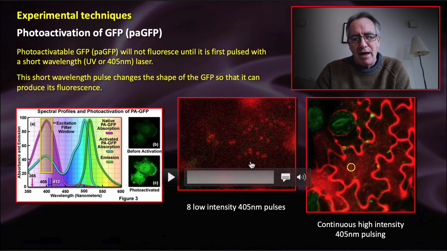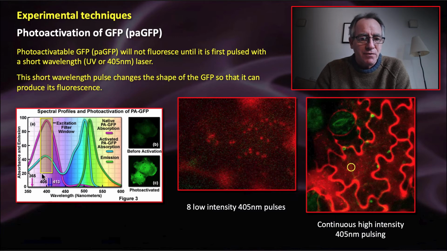We're looking at the inside of the cell. The PA-GFP is in the endoplasmic reticulum, but we can't see it at all until we fire the 405 laser. The 405 laser is this wavelength region here. You pulse the cell with this, and that activates the GFP so that it's excited normally with its blue laser, and it emits in its green wavelength range.